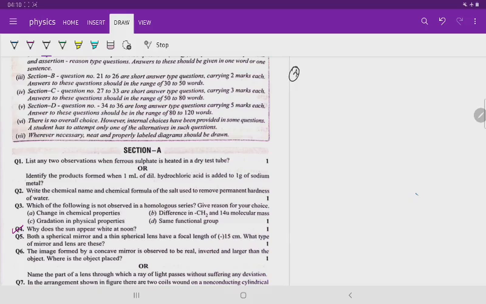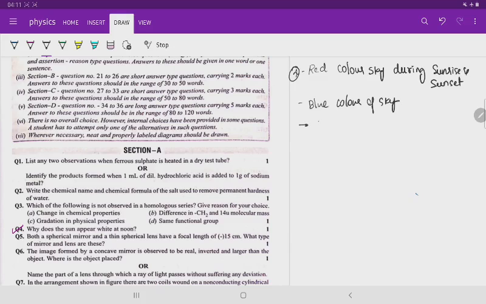So we know many phenomena of nature, for example, the reddish color of the sky during sunrise and sunset, the blue color of the sky, and even the white color of the sun at noon.